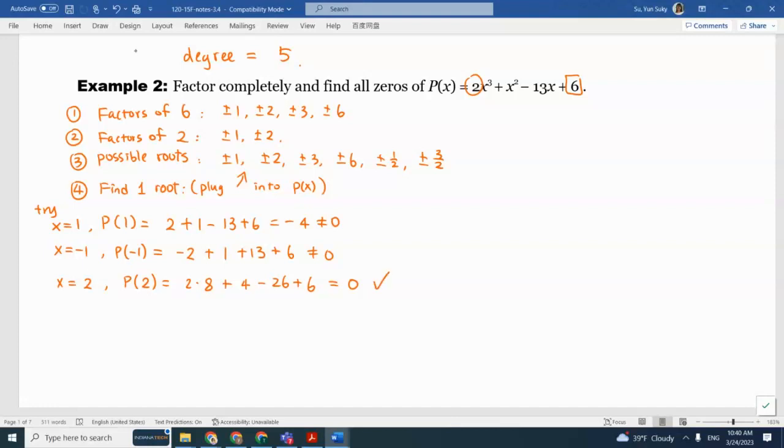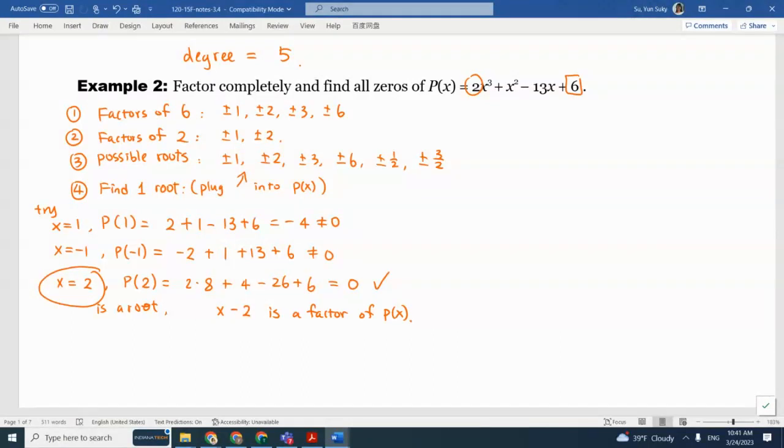Good! We find a 0. Then stop here. You don't need to try all the numbers. You just need to find one 0. So x equals 2 is a root. Then we know x minus 2 is a factor of p of x by the factor theorem.